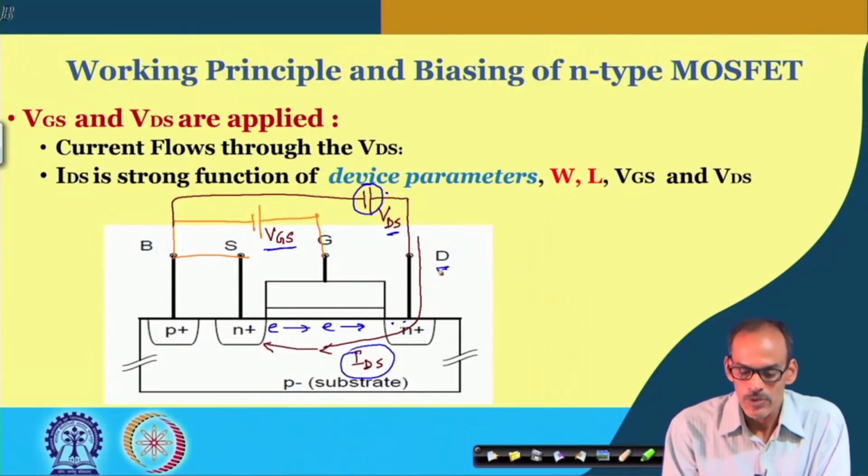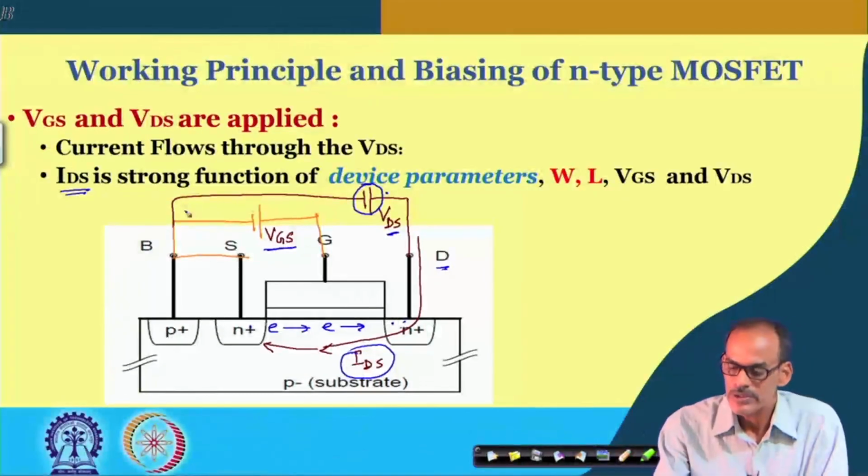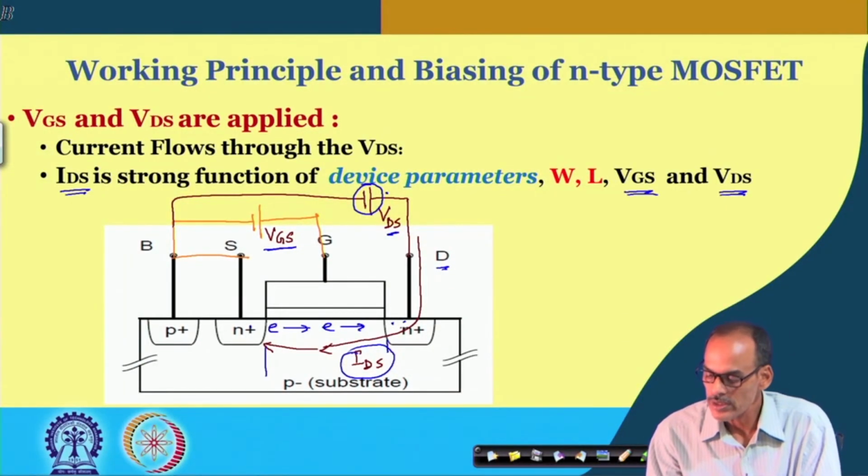So, this current flow IDS is a strong function of VGS and VDS, and also a strong function of the spacing from here to here, namely the length of the device.